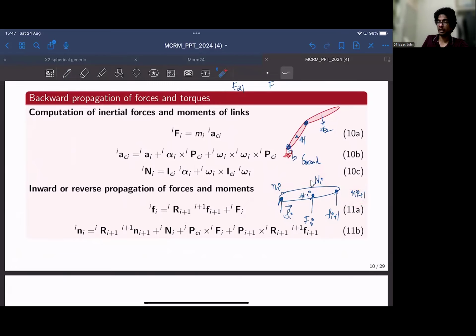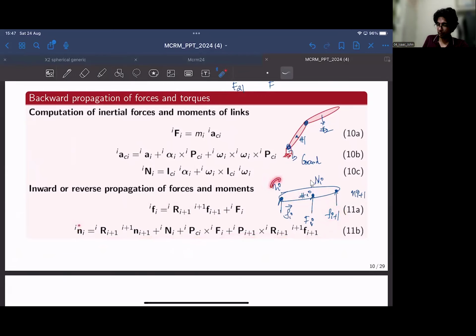Then the third one would be the contribution of the force, the moment contributed by Fi plus 1. That is nothing but Fi plus 1 multiplied by this distance. If you consider this distance to be Pi plus 1, the moment contributed by Fi plus 1 would be Pi plus 1 cross Fi plus 1. So the three components, once you bring everything into the ith frame of reference, can be expressed by this equation.